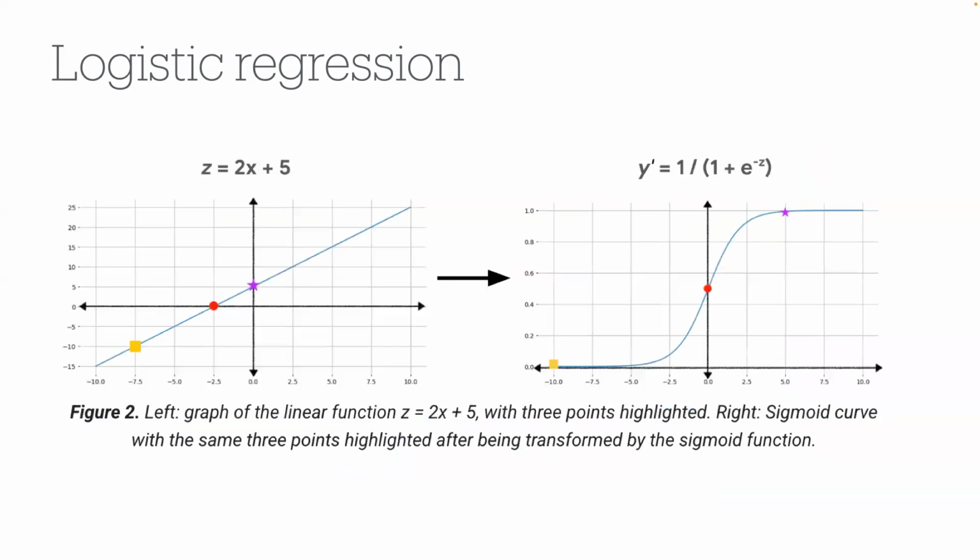Why is it important? Because you can actually amplify. If you have this point here, and you do this transformation from the simple line to a logistic regression, then this point is going to be at 1, and this second point is going to be at 0.